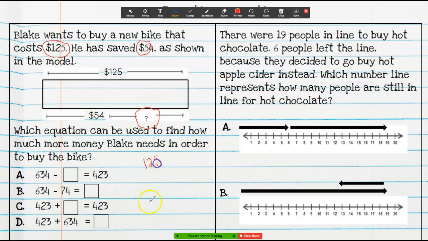Okay, so we have 125 and we have 54. And we know that we need to subtract to get that missing number.